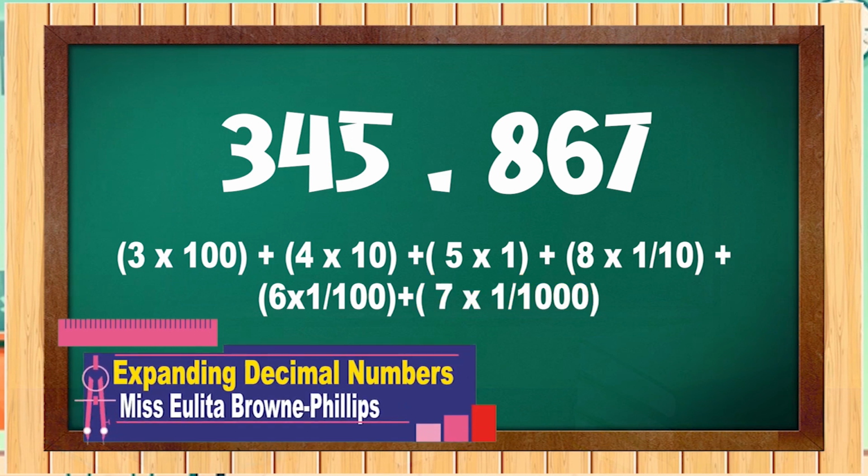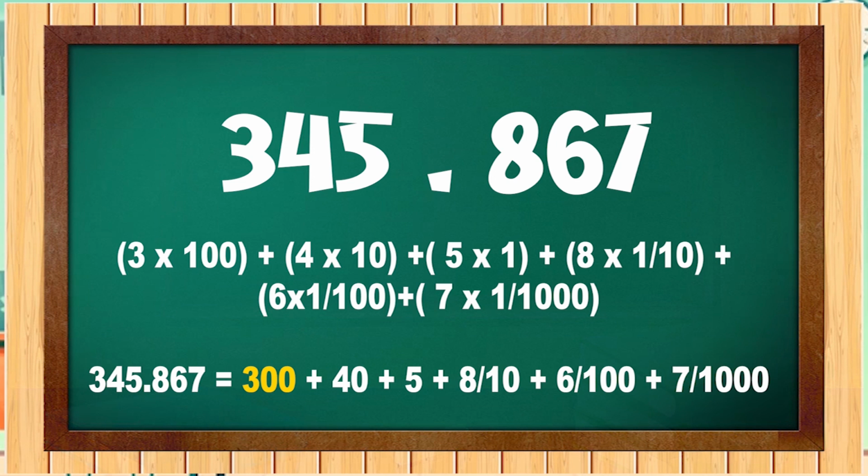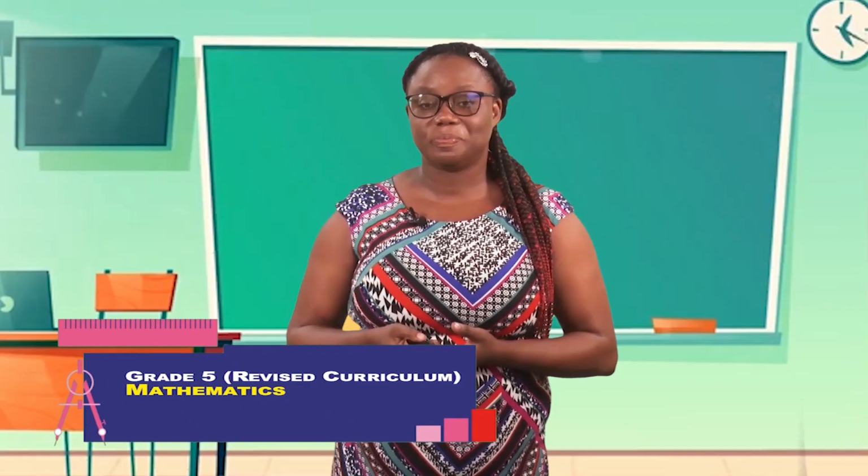So therefore, 345 and 867 thousandths in its expanded form is 300 plus 40 plus 5 plus 8 tenths plus 6 hundredths plus 7 thousandths. Simple, boys and girls, isn't that so?